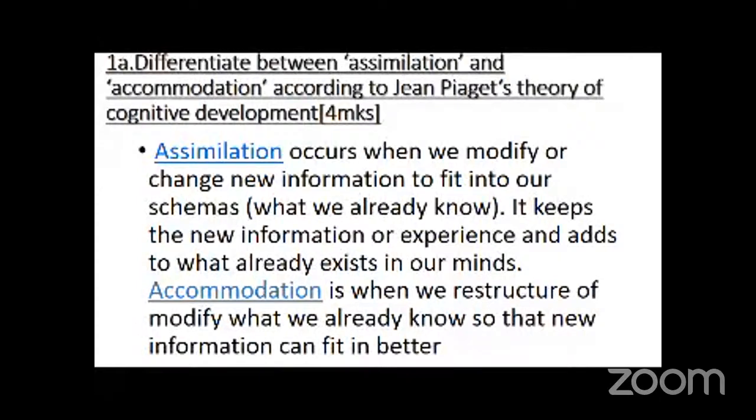So that which already exists, remember, we always say that when we are teaching, we teach from the most simple to complex, that is from known to unknown. So that information that is already existing, when we modify it, or when we add new information on it, we now call that assimilation.